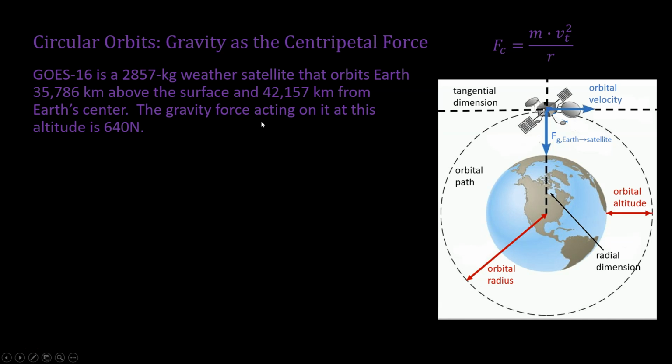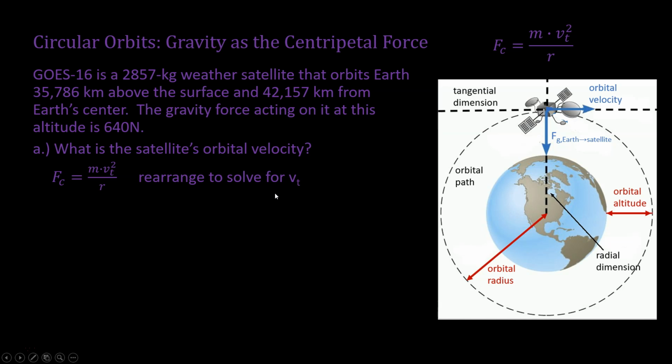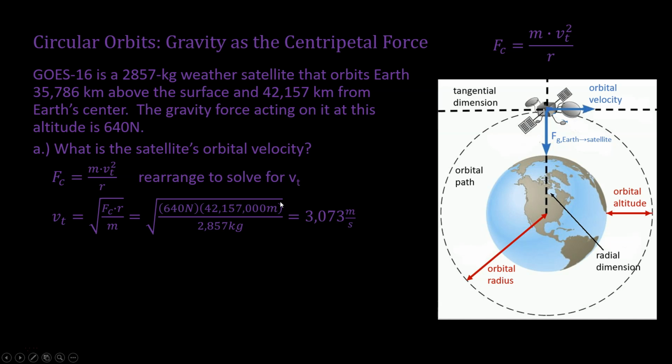The gravity force acting on the satellite at this altitude or orbital radius is 640 newtons. So in part A of this problem, we're asked to find the satellite's orbital velocity. So we're going to take Newton's second law and rearrange it to solve for the tangential velocity. So we rearrange it, and then we plug in our gravity force.